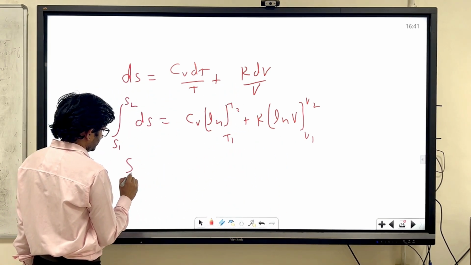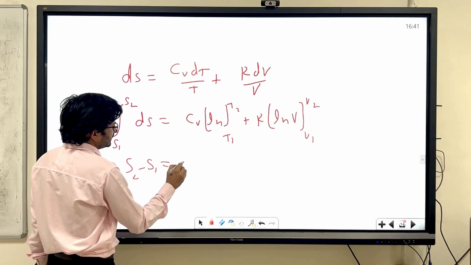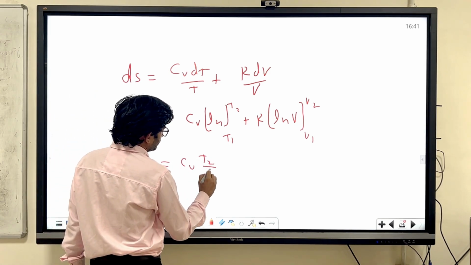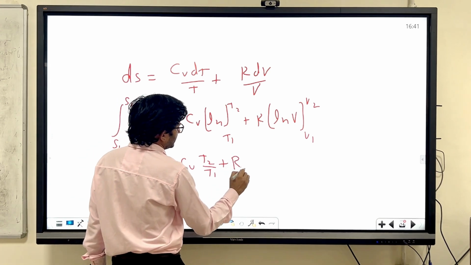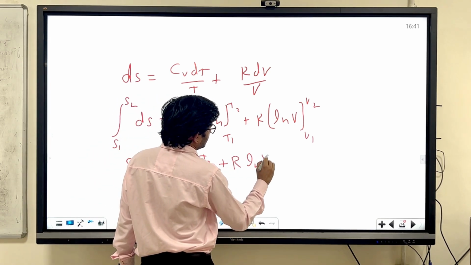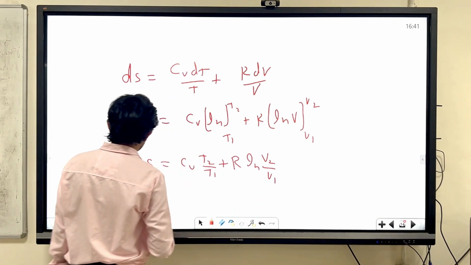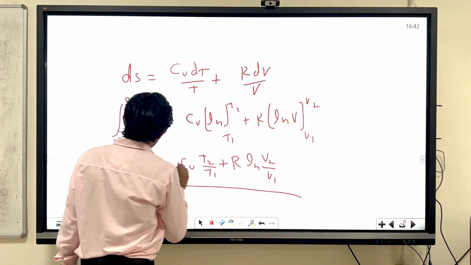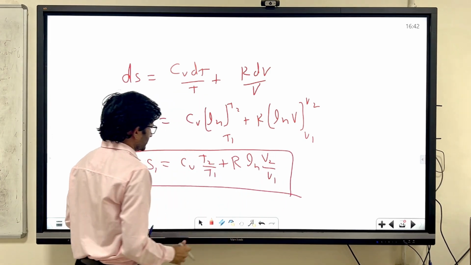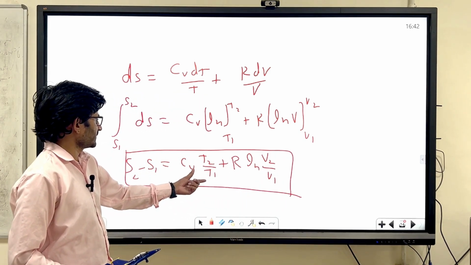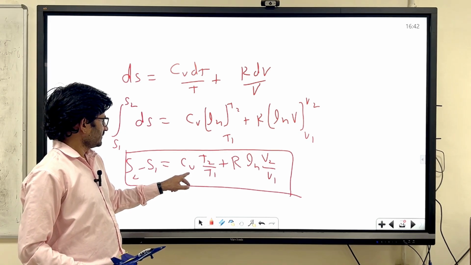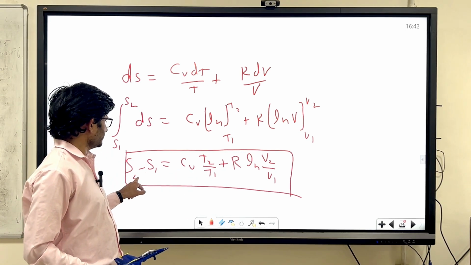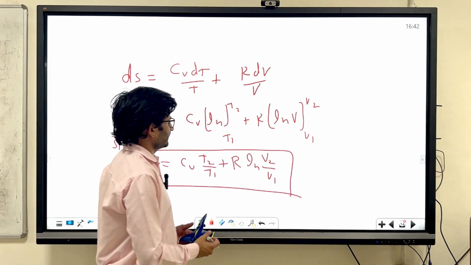You can get S2 minus S1 is cv ln T2 by T1 plus R ln v2 by v1. Okay. So if you know the pressure ratio, volume ratio and temperature ratio, specific heat and gas constant, you can find the change in entropy here.